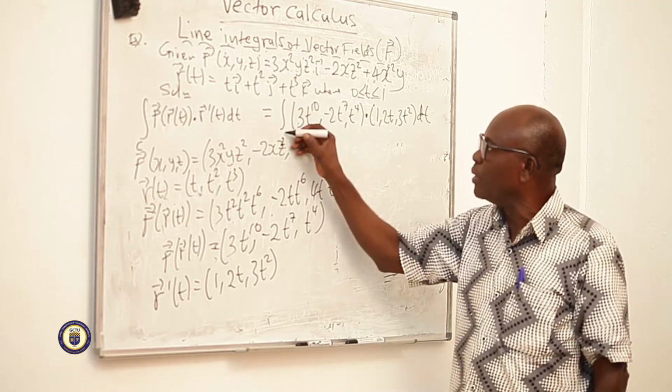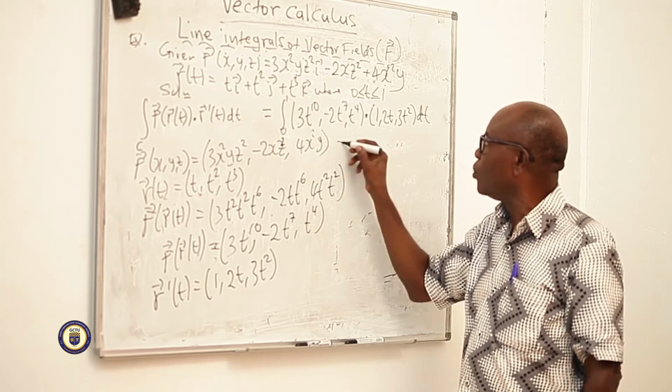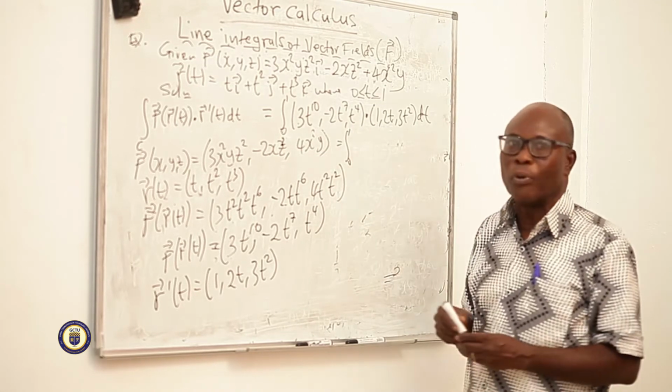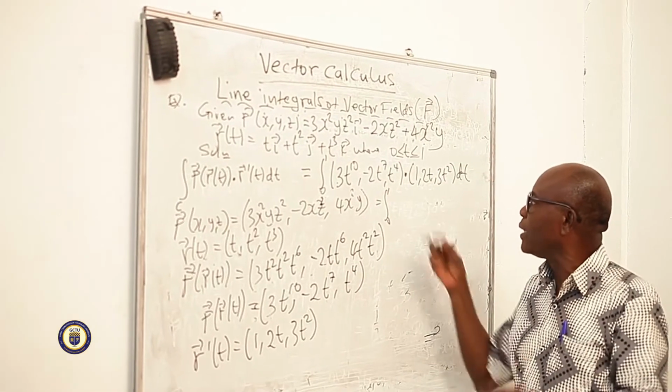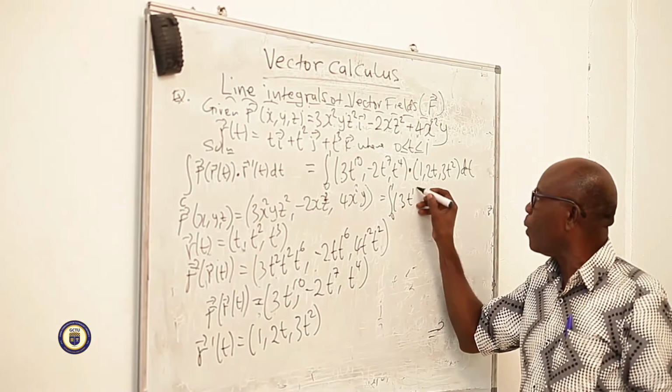And our t starts from 0 and ends at 1. So now we do the dot product. So 3t to the 10 dot 1 will give us 3t raised to the power 10.